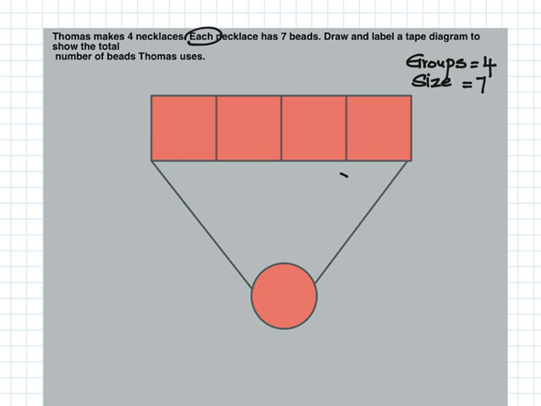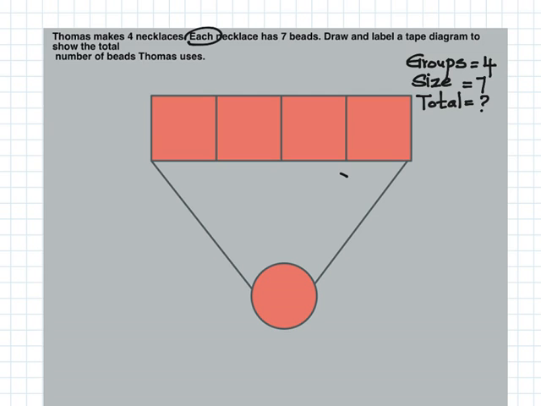Draw and label a tape diagram. So this red figure is a tape diagram to show the total number of beads Thomas uses. In the circle part, we will be writing the total number of beads that Thomas used. So what we have to find here is the total.